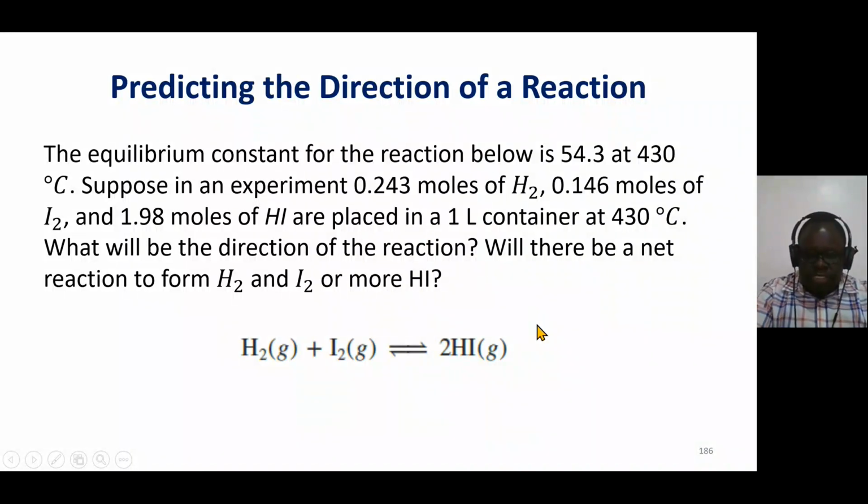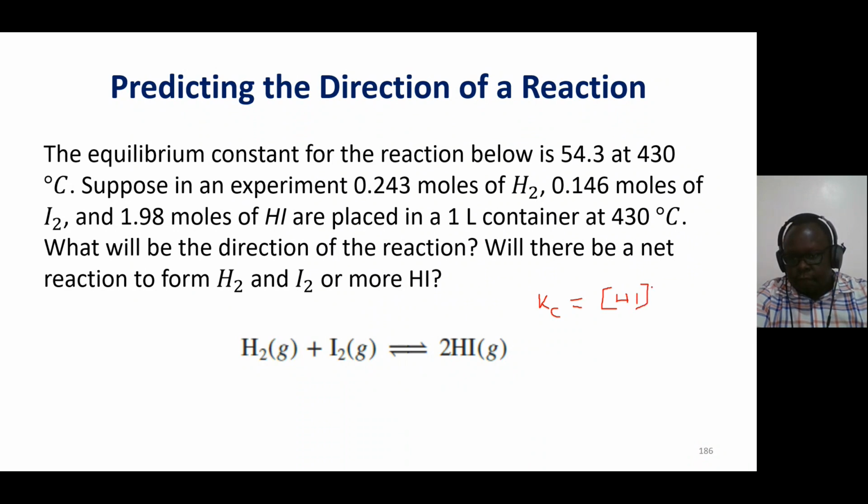Looking at this reaction here, the equilibrium constant expression will be written as the concentration of hydrogen iodide squared divided by the concentration of hydrogen times the concentration of iodine.